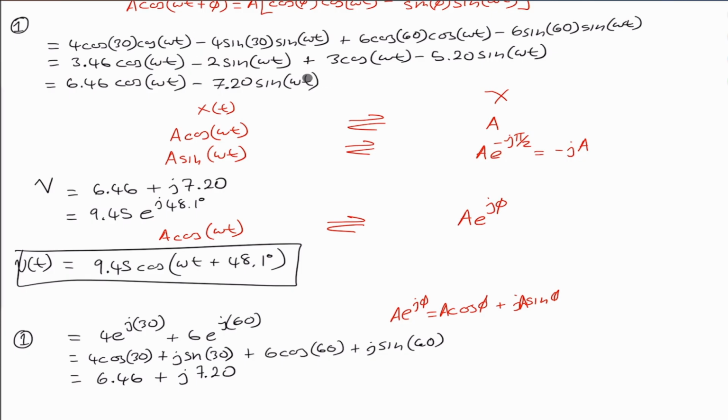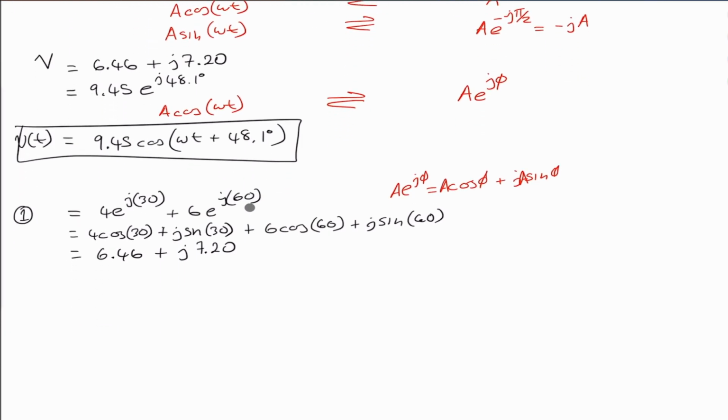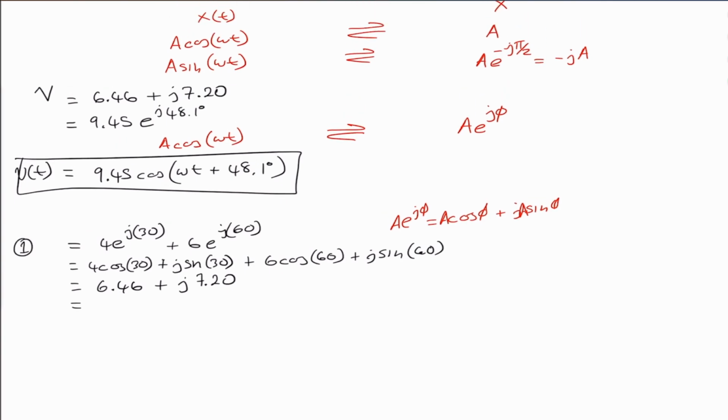However, we didn't take as many steps as we did there. We can then go ahead and convert that to polar form, but we already did that. So basically from here, all we have to do is apply the same technique that we did to get to this expression.